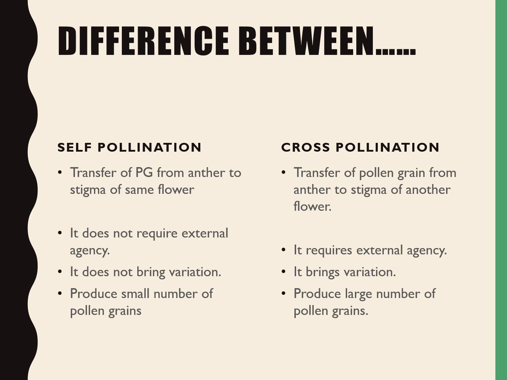Self-pollination does not require any agencies, whereas cross-pollination does. Self-pollination does not produce any variation because a single flower is involved, but cross-pollination gives rise to variations. In cross-pollination, many pollen grains are wasted, and that is why a large number of pollen grains are produced, whereas in self-pollination the pollen grains fall on the stigma of the same flower, so a small number of pollen grains are produced.